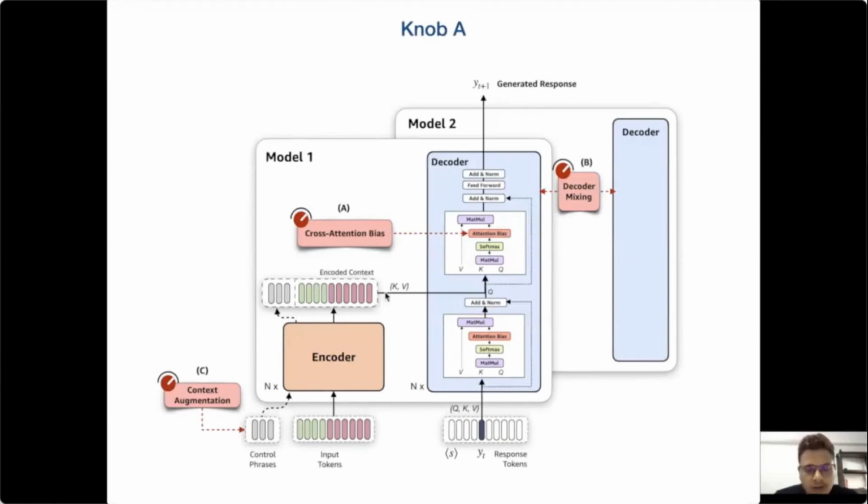And this overall becomes a new set of contexts now. And once we have this new encoded context, we can now couple it with the earlier knobs, particularly the attention biasing knob, where we can consider this as a logical group and we can increase the bias or decrease as per we need on this particular new group of additional control.